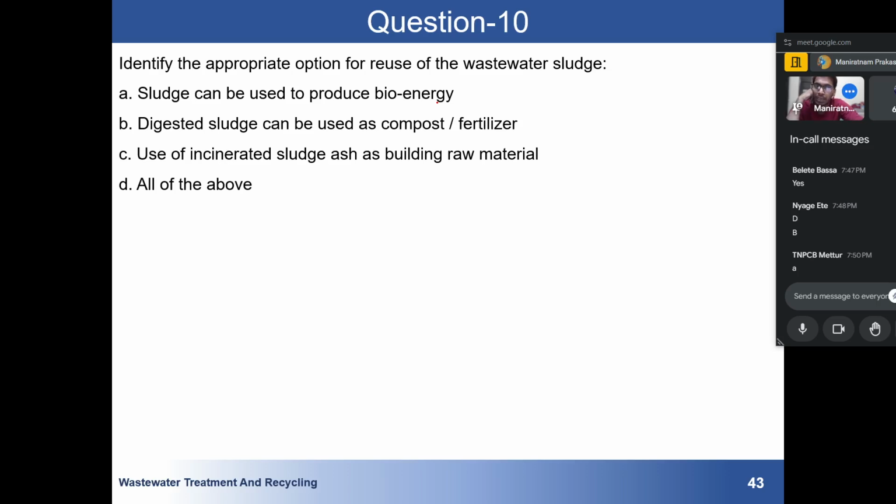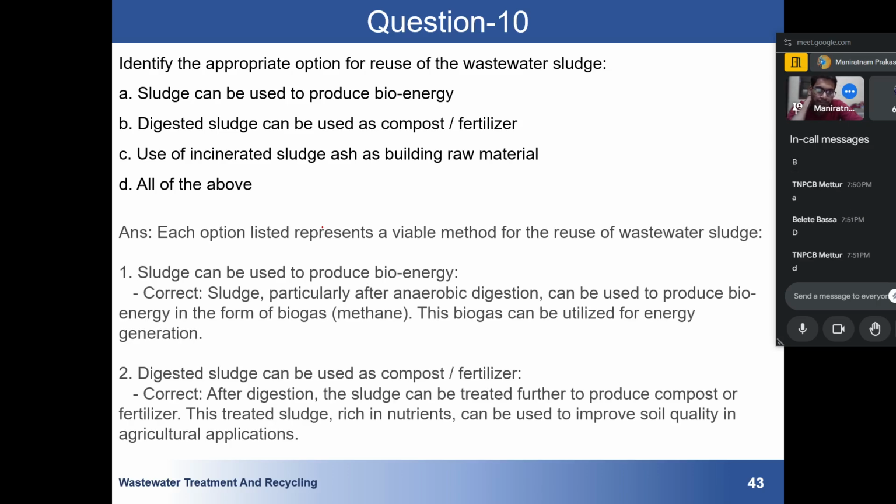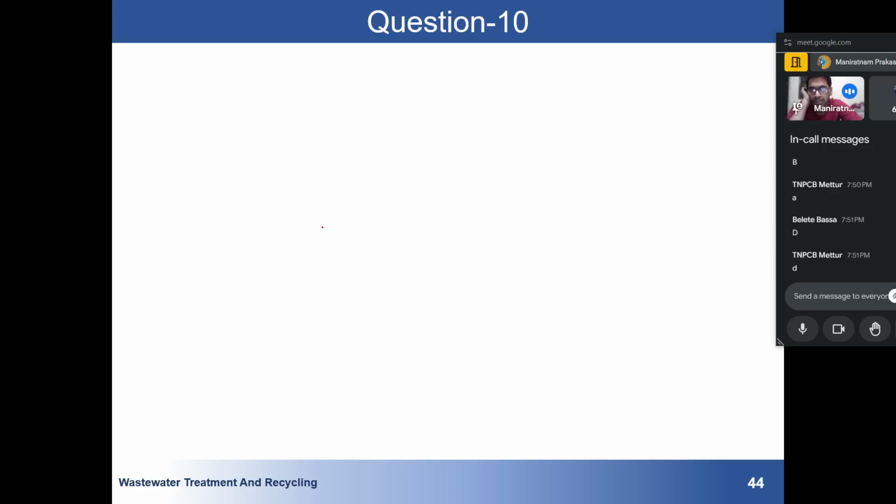Now, identify the appropriate option for the use of wastewater sludge. D. Yes, D is the correct answer.